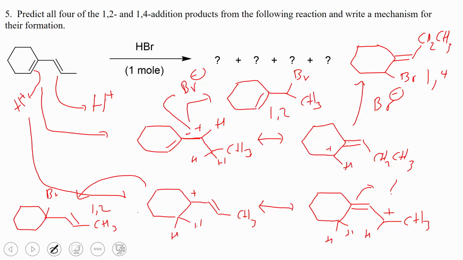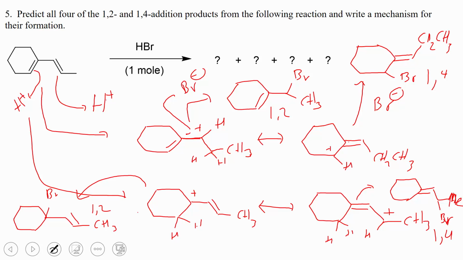And this one is the compound that you see here. Sorry, I'm running out of room to write there. There's bromine, and this is our 1,4 product.